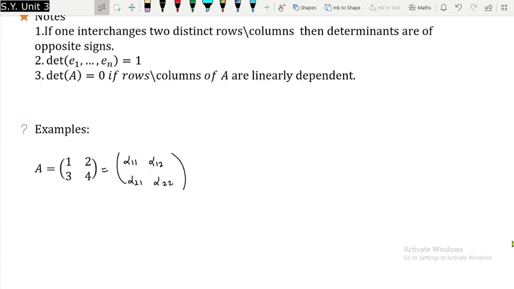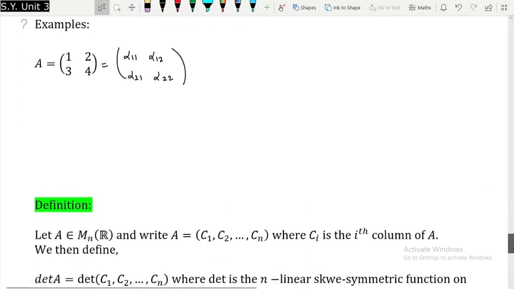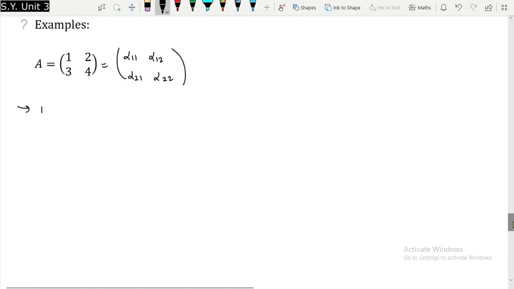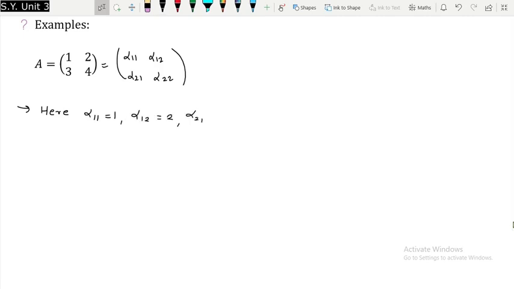Here, alpha 1 1 is 1, alpha 1 2 is 2, alpha 2 1 is 3, and alpha 2 2 is 4, right?